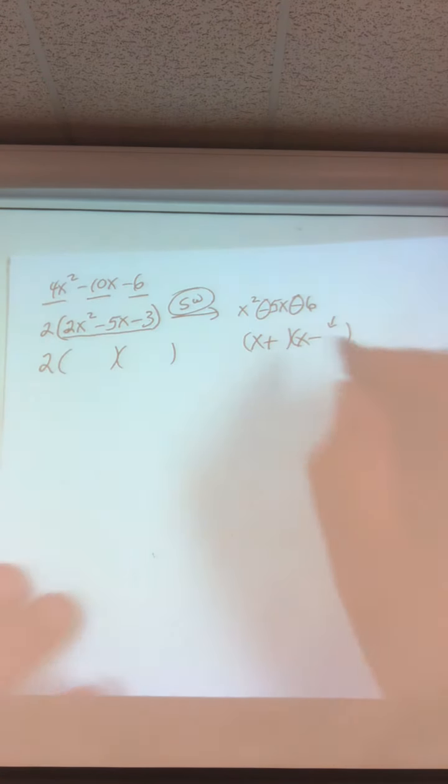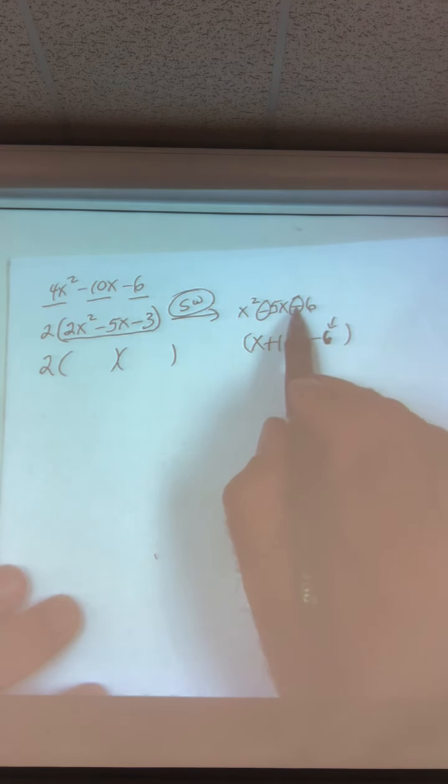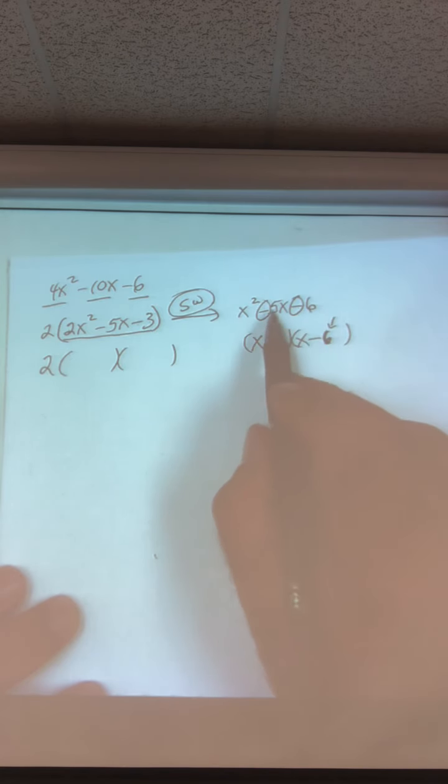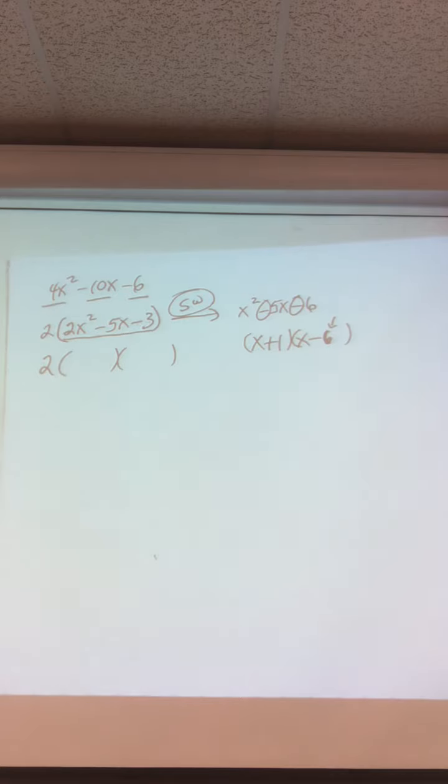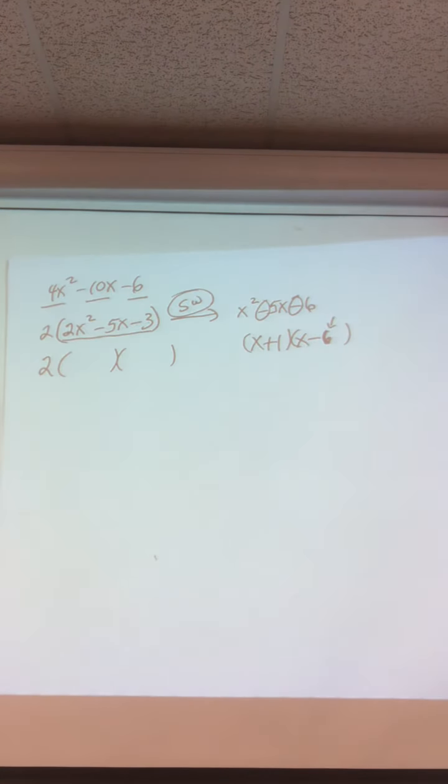But I've got to put the 6 with the negative. Now, if that had been a plus right there, you'd be looking for two numbers that multiply to 6, add to 5. Then I'd be using 3 and 2. Of course, both of these would be negative also.